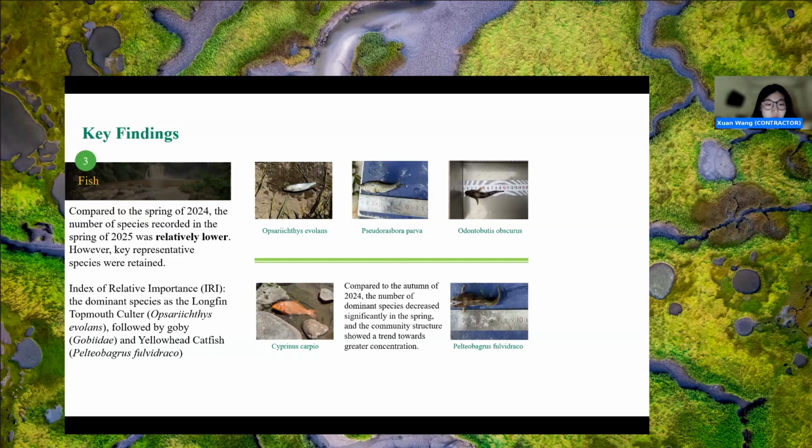An analysis of the catch data for the wetland survey sites using the index of relative importance as a metric identified the dominant species such as the longfin topmouth gudgeon, followed by goby and yellowhead catfish. Compared to the autumn of 2024, the number of dominant species decreased significantly in the spring, and the community structure showed a trend towards greater concentration.